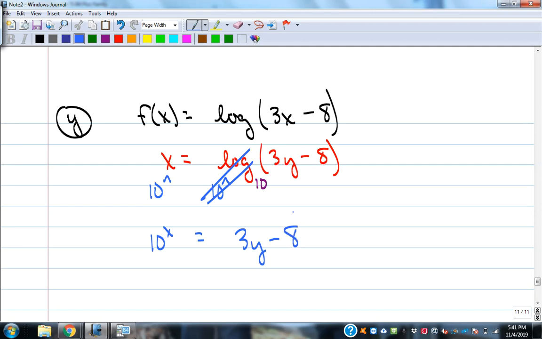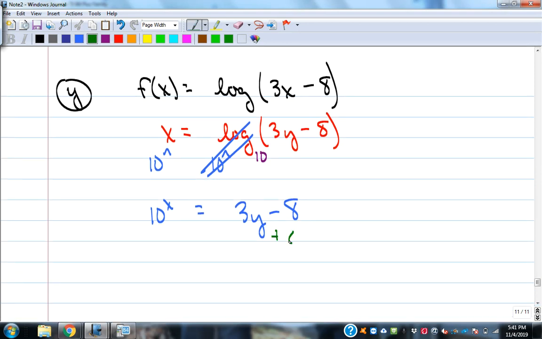This one's a little more difficult. Got more stuff going on on the right-hand side. So what do I do to get y by itself? Add 8. Yeah. Add 8 and divide by 3. 10 to the x plus 8 equals 3y.